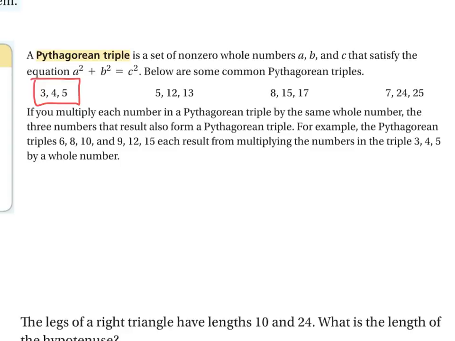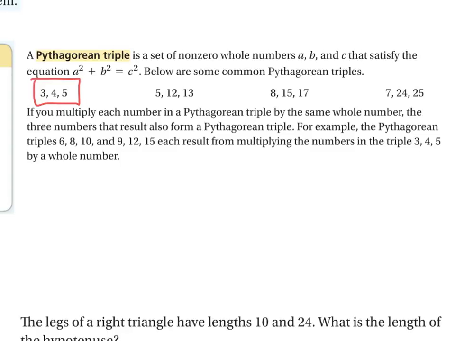Not only will that help you in this class, but that 3, 4, 5 right triangle shows up in the ACT, it shows up in your trigonometry class, it shows up in your pre-calc and calculus class, it shows up in physics classes, it shows up all over the place. Okay? The 3, 4, 5 Pythagorean triple is a handy one to know.